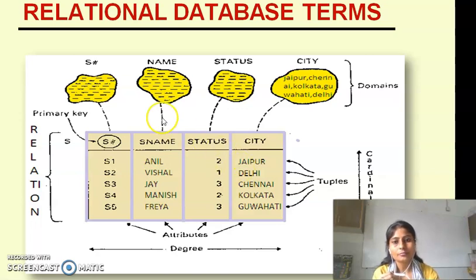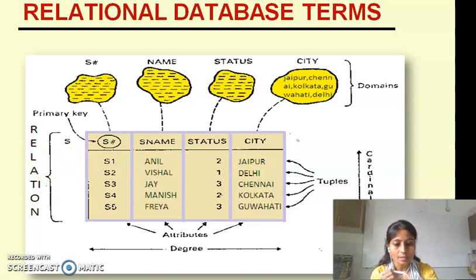So here 4 columns are known as attributes, and the total number of attributes is the degree, and here 5 rows are known as tuples, and the total number of tuples is the cardinality. And as a whole the table is also known as a relation.